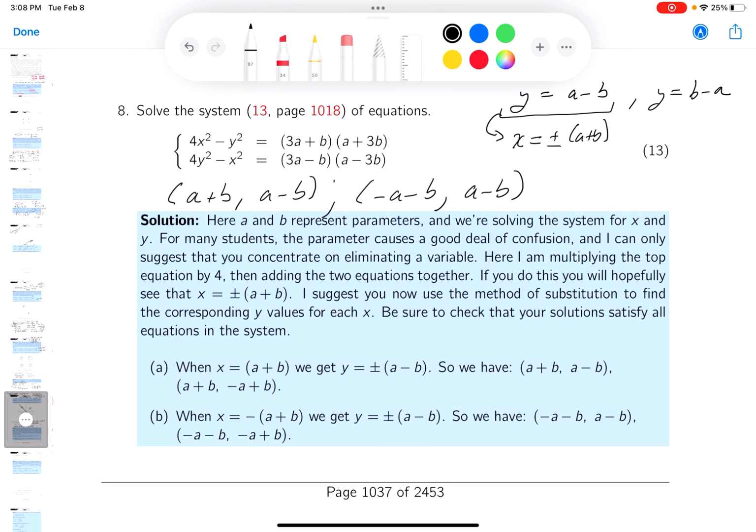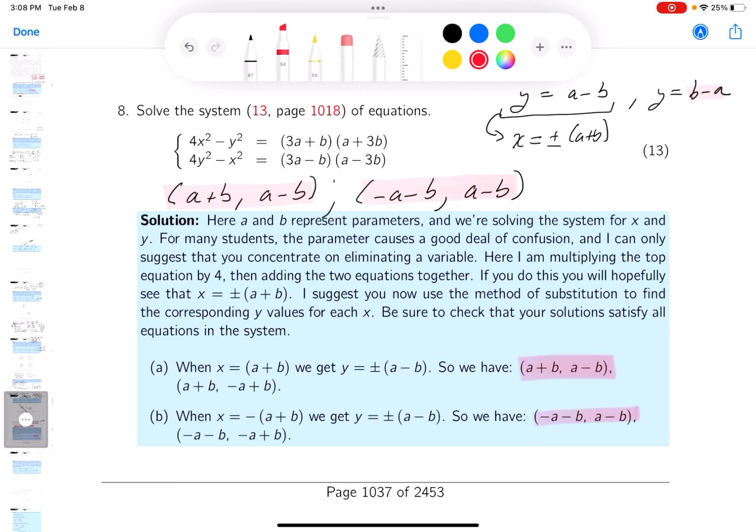All right? So I got that, and I'm going to look at my key right now and see if I see that. Do I see the a plus b, a minus b? Right here. I see that. Do I see the minus a minus b, a minus b? I see that right over here. My claim is this.